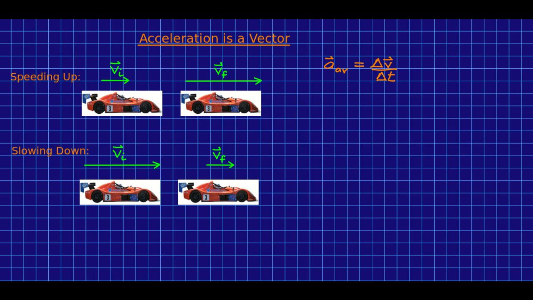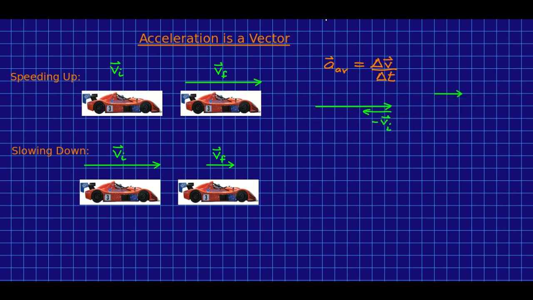So if we just want to figure out the direction, we just need to find the direction of delta v. Suppose we have a race car and it's speeding up. Then, as usual, to get the delta v, we're going to take vf minus vi. We take our vf, we take negative vi, and now we put them head to tail to add them.